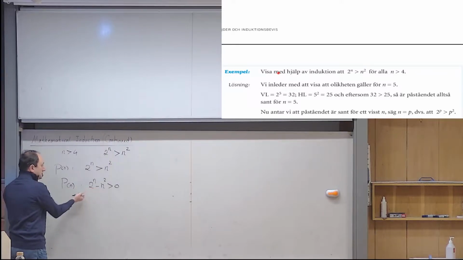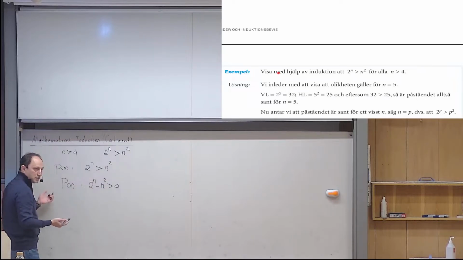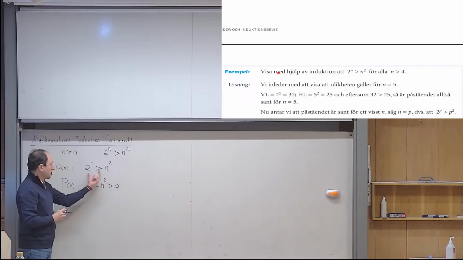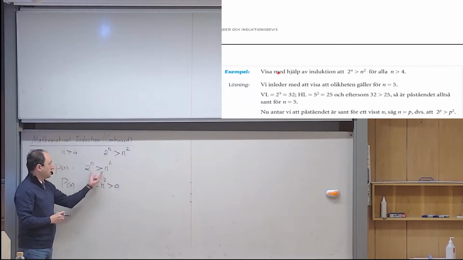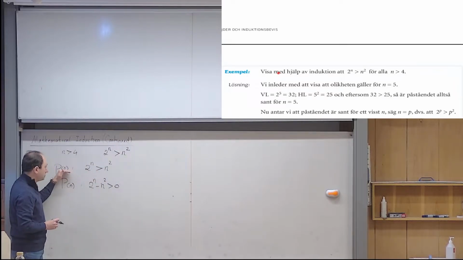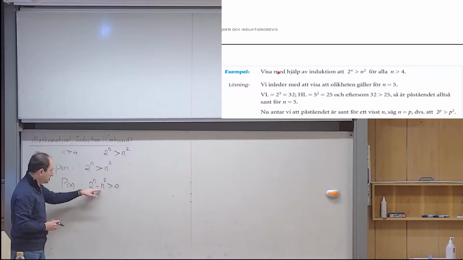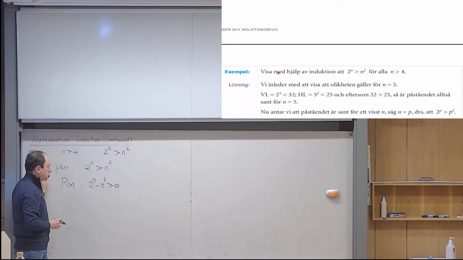I think instead of proving this, it would be better to prove this. They are the same, yes? Because if I move this to the other side, I will get this one, and if I move this to the left-hand side, I will get this one. So these two are equivalent. So it doesn't matter if I prove this one or that one. But you will see why this might be a good idea.